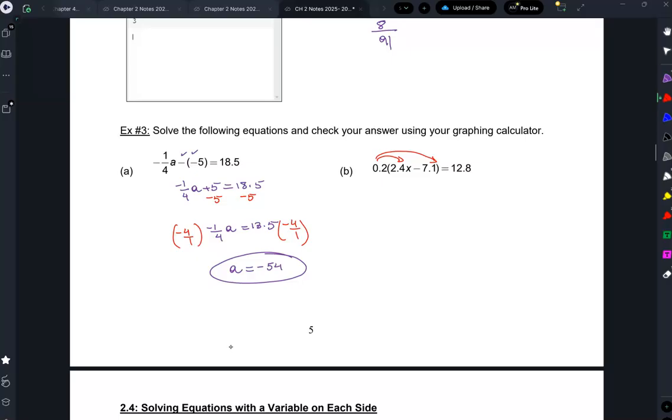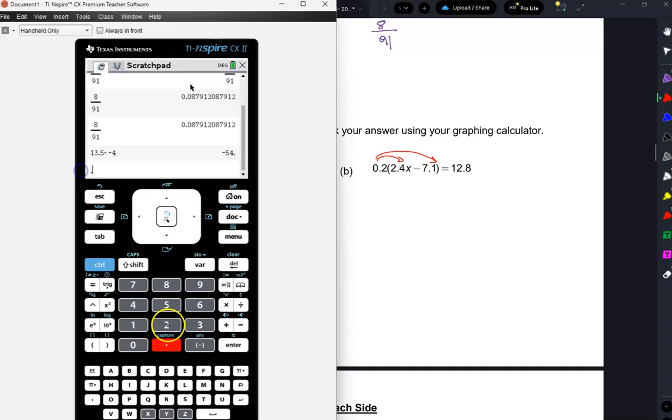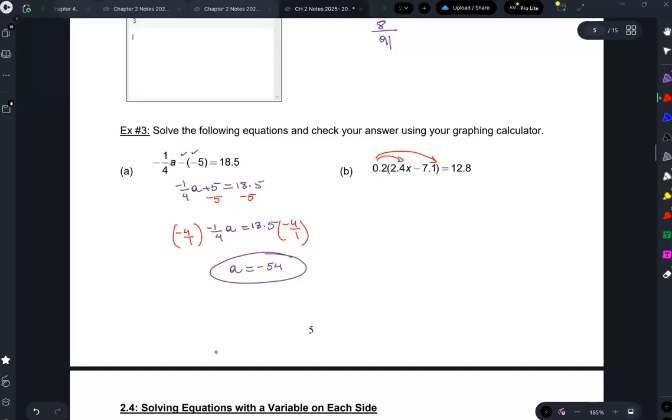So I have 0.2 times 2.4, 0.48, right, 0.48x minus. Somebody tell me what you get for that one. 1.42 equals 12.8.